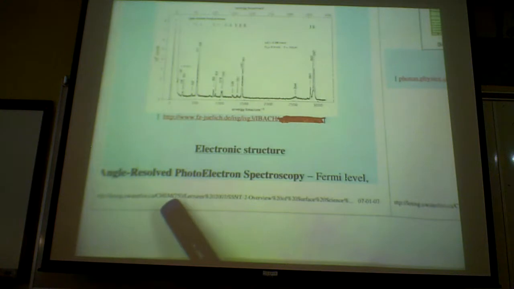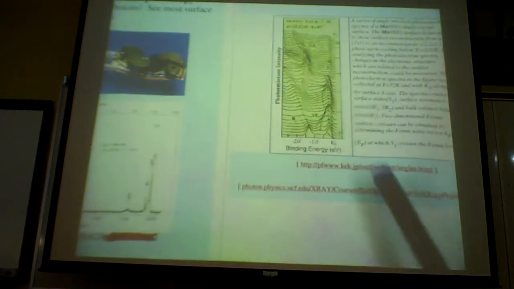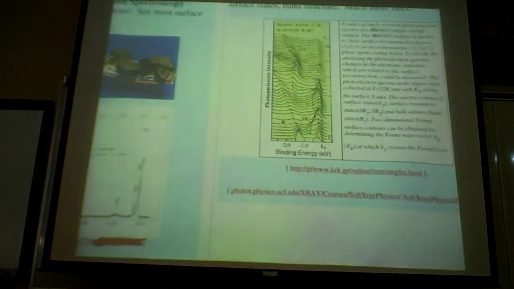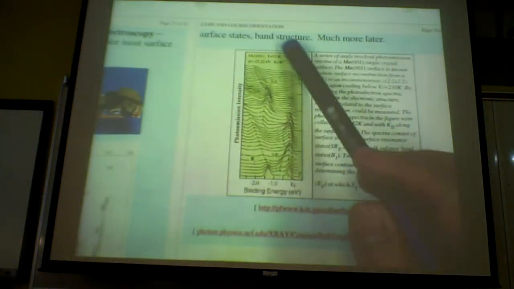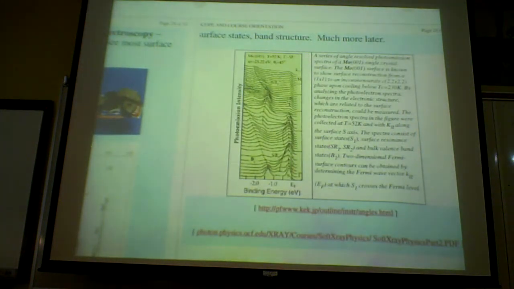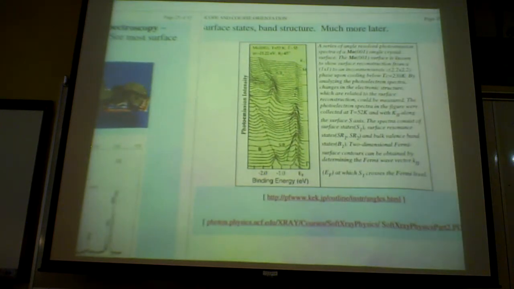You have angle resolved photoemission electron spectroscopy, whereby you look at Fermi energy level, surface state, band structure, and things like this. This looks foreign to you now, but we'll explain this later when we go into electronic structure determination. It's a very important tool.